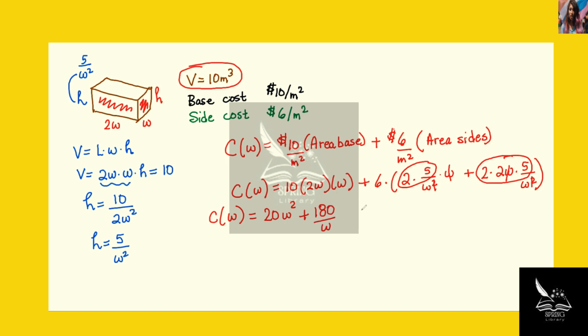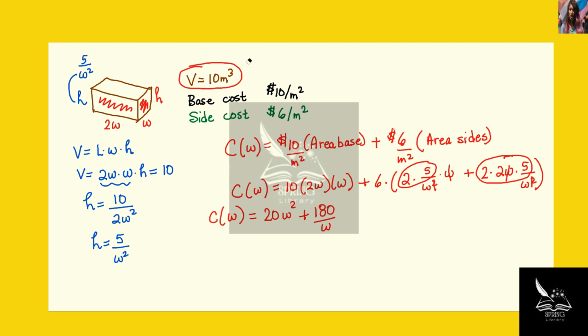We could get a common denominator by multiplying this part by w over w, which gives 20w cubed plus 180 over w. Even though this is true, we are not going to do that yet because I can more easily take the derivative when it's not that big fraction. So let's just do the derivative now.